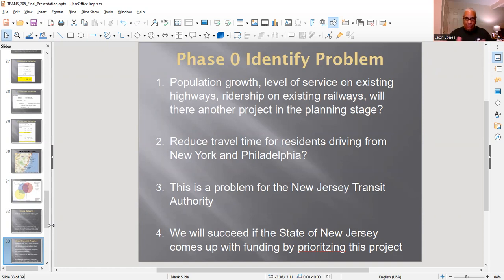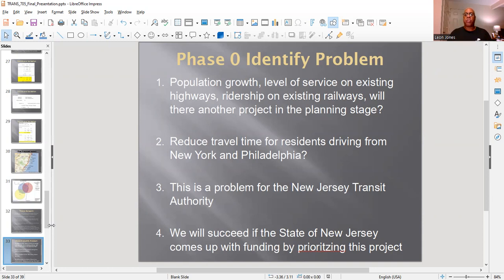Now, where is the problem going to lie? With the New Jersey Transit Authority and the state of New Jersey, or the New Jersey Department of Transportation? Now, I will say this.